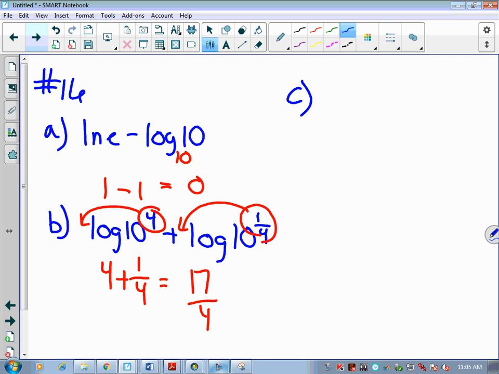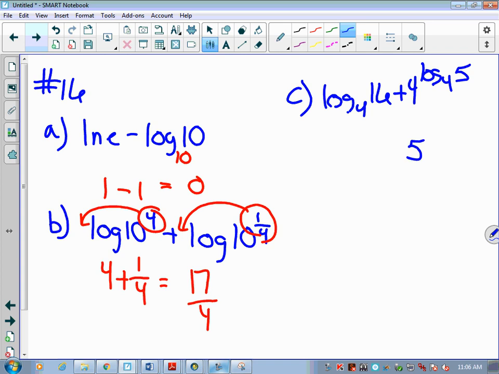Log base 4 of 16. And what's the other one? Plus 4 to the log base 4 of 5. Okay? All right, well, this part over here is just equal to 5.